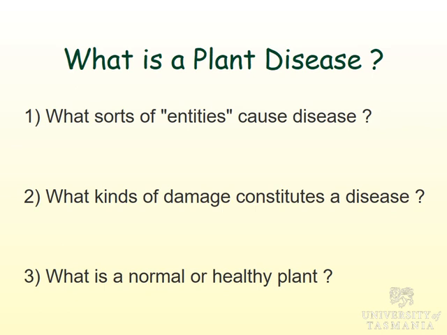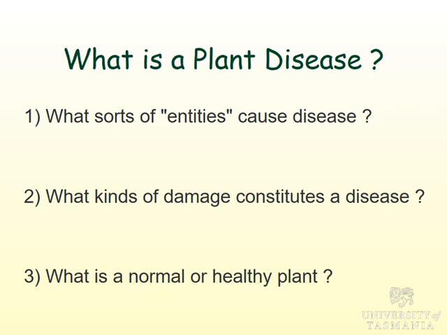We're going to spend a couple of minutes, so go and talk to your neighbours, 2s or 3s, whatever, and think about these 3 questions. What is it that causes disease? What are the types of entities, the things that actually make plants sick?